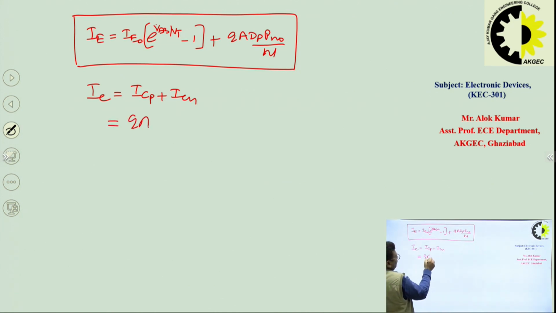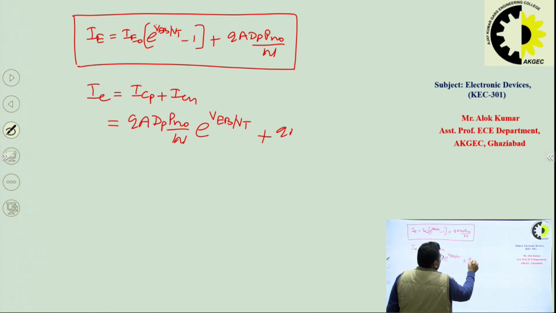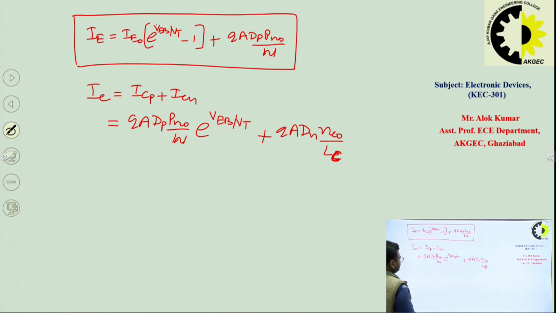ICP is nothing but QA dP Pn naught upon W into e to the power VEB upon VT, right, plus the value of ICN, which is QA dN NC naught upon LC.